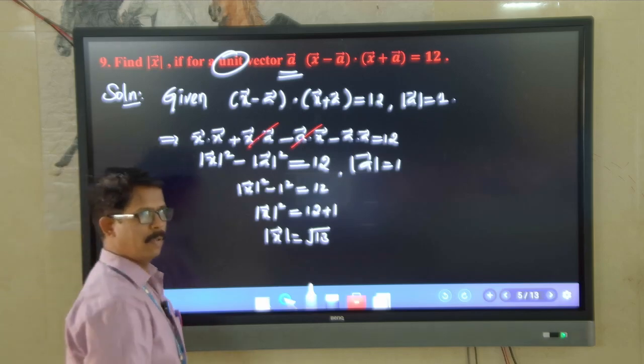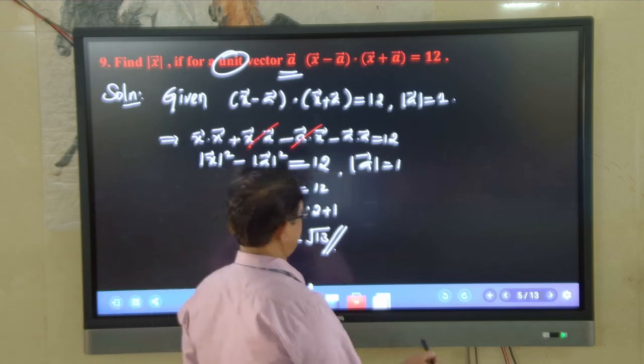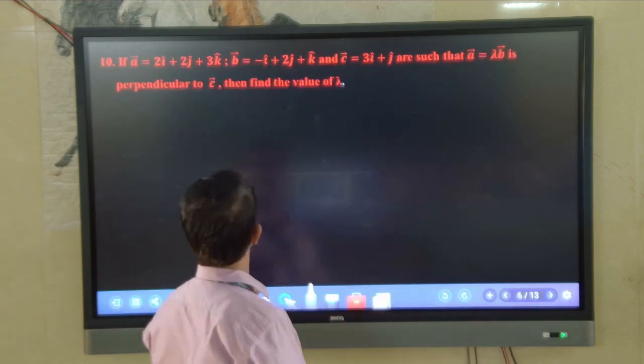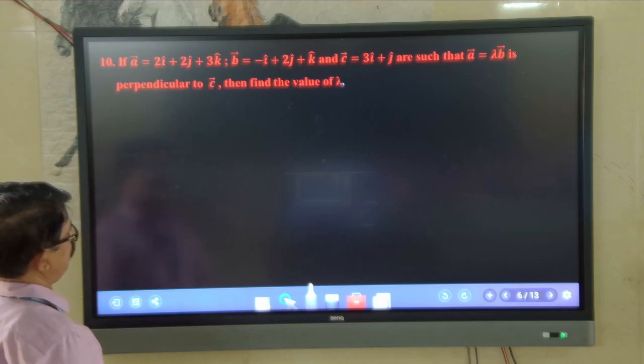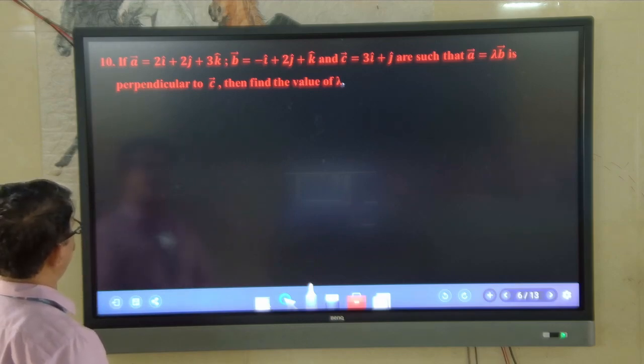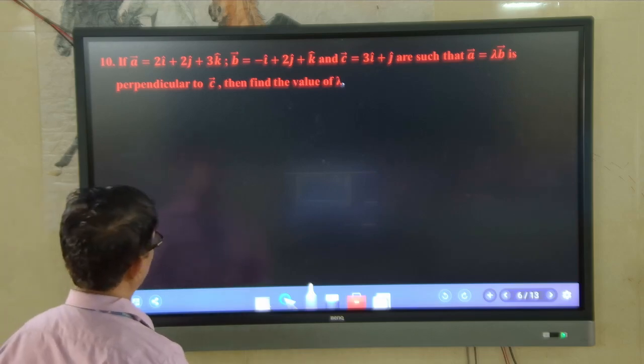Any doubts? Can I go to the next question? Question number 10. What is that? a, b, c such that a plus lambda into b vector is perpendicular to c. Then find the lambda value.